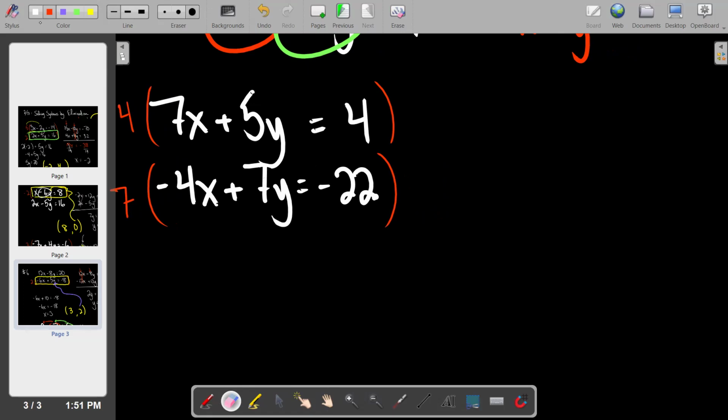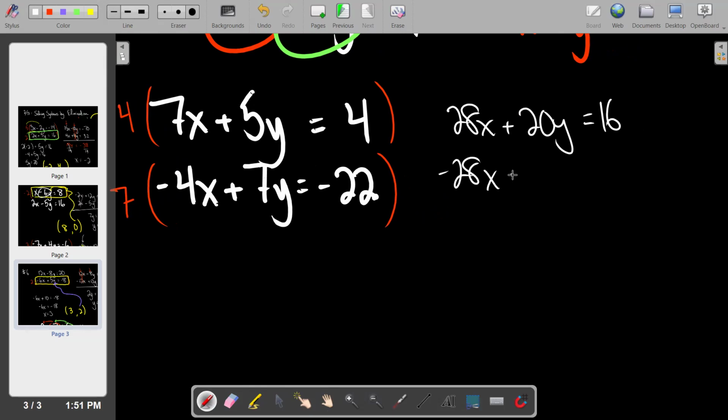Top equation, what do we get? Equals 58. Bottom. Negative, plus 5 equals 7 times 22.